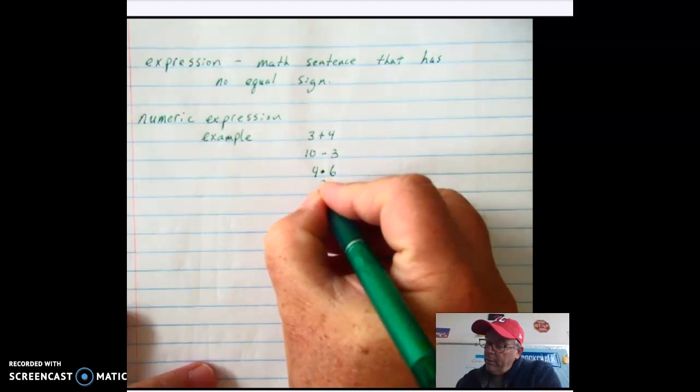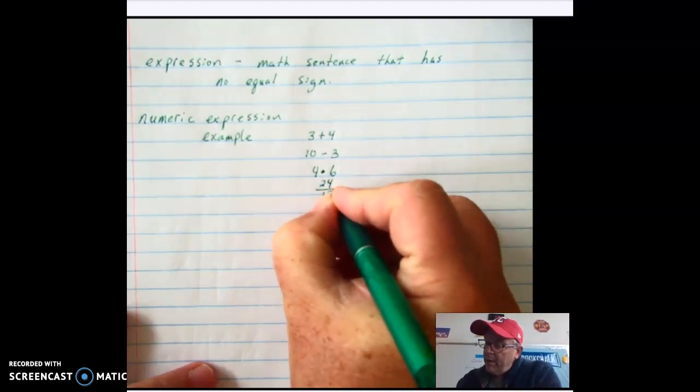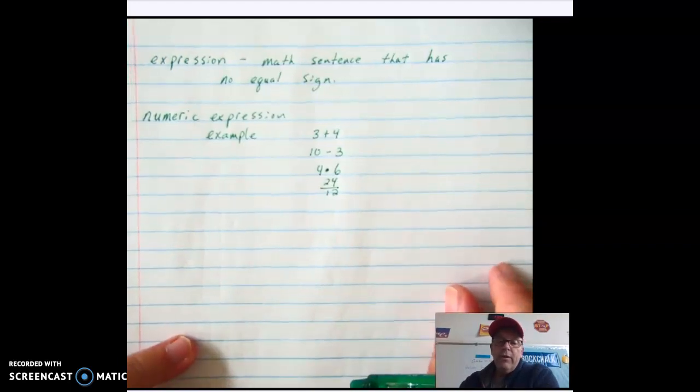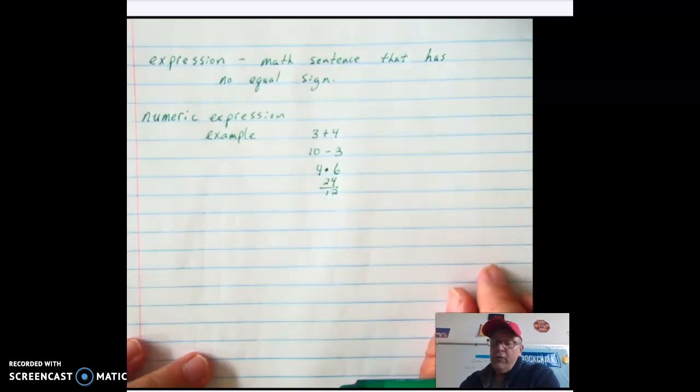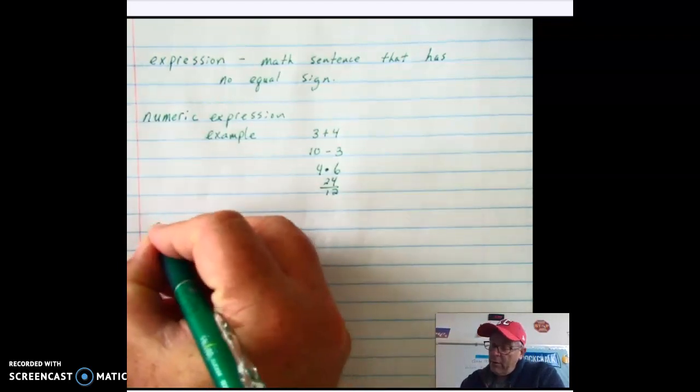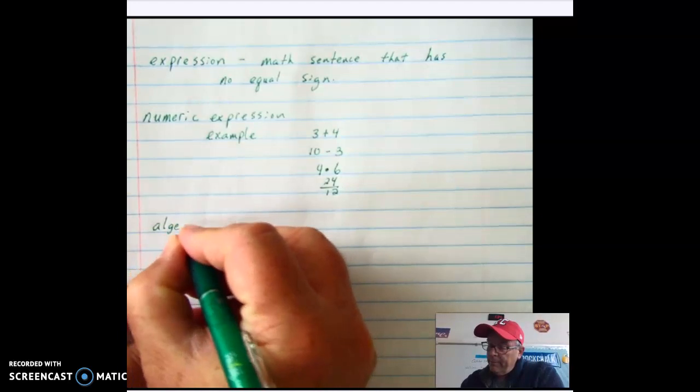And this one, 24 divided by 12. So it looks like a fraction, but it's a way that you and I are going to see division in this chapter.